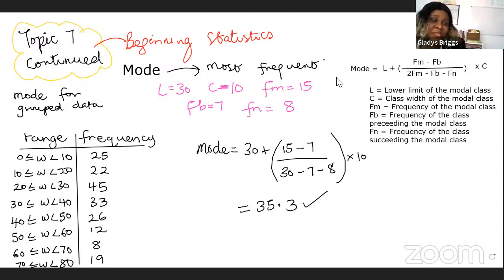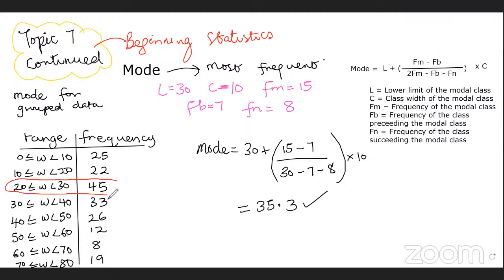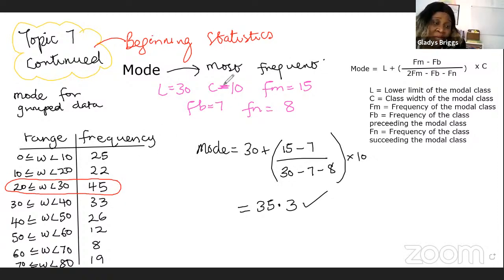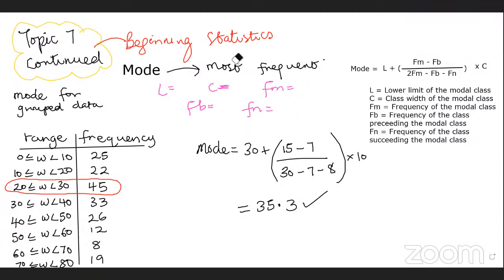Right, so most of you have got it right. So what's the modal class here? 20 to 30 is the modal class. So let's put the information in. What's the lower limit of the modal class? 20.